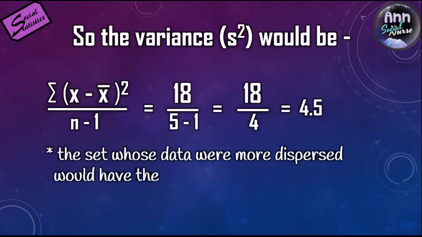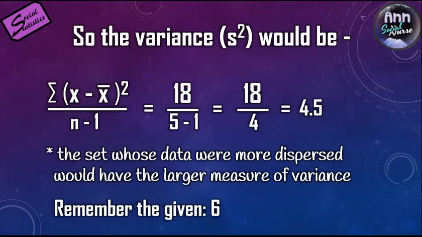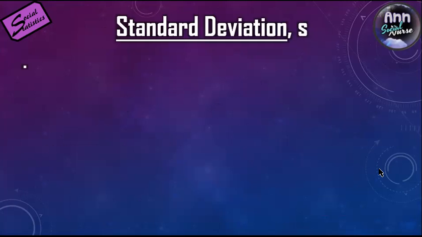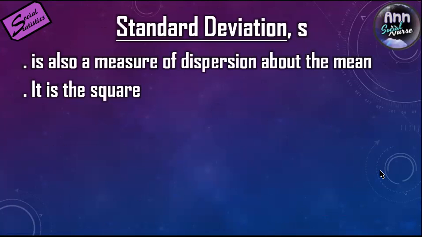The set whose data were more dispersed would have the larger measure of variance. Remember the given data, 6, 3, 8, 3, 5. So the variance of this data is 4.5. Now the standard deviation, or S, is also a measure of dispersion about the mean. It is the square root of the variance.